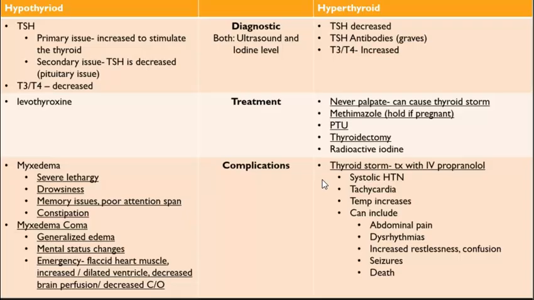A 1-degree temp in your hyperthyroid patient that is probably sick in the hospital is detrimental to keeping them alive. So if your patient comes in and they have the flu, but they are also hyperthyroid, we need to be monitoring their temperature routinely, because with a 1-degree temperature change, let's say they went from 99 to 101, they could be thyroid storming.